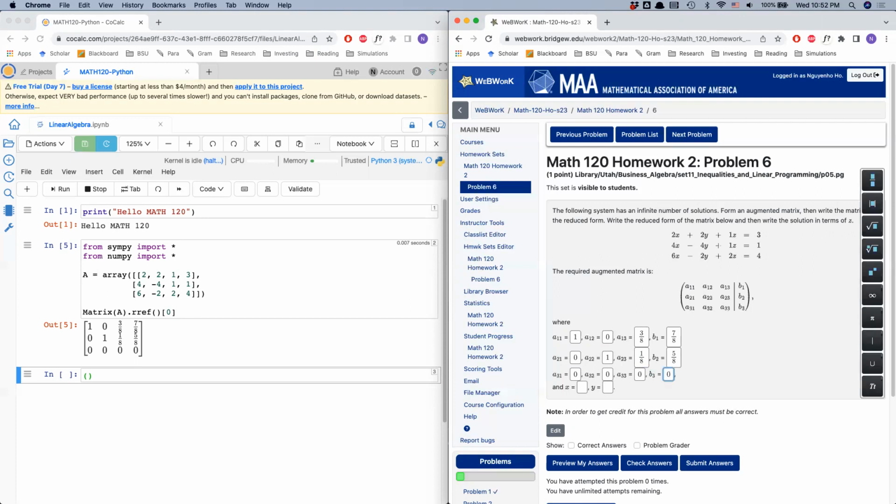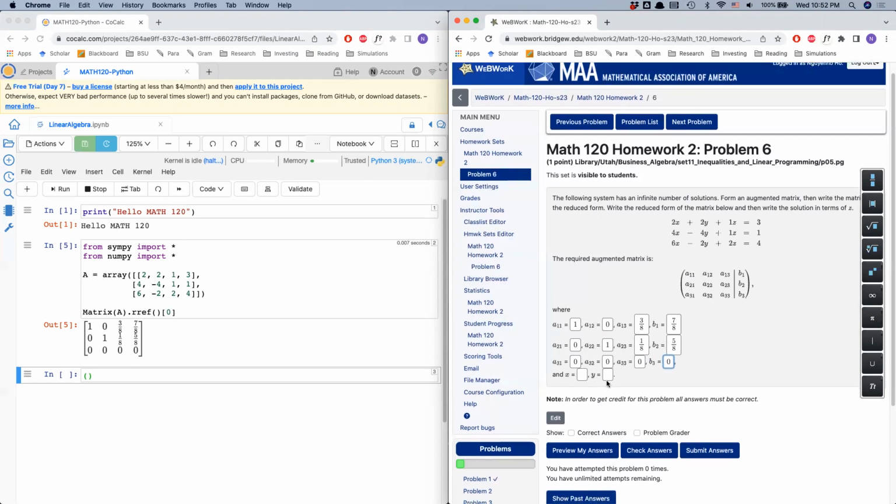All right, so this shows that the system has infinitely many solutions, right? And they want us to present these solutions for X and Y, but you have X, Y, and Z. So that means you want to solve for X in terms of Z, and you solve for Y in terms of Z as well. So let me write this on the tablet.